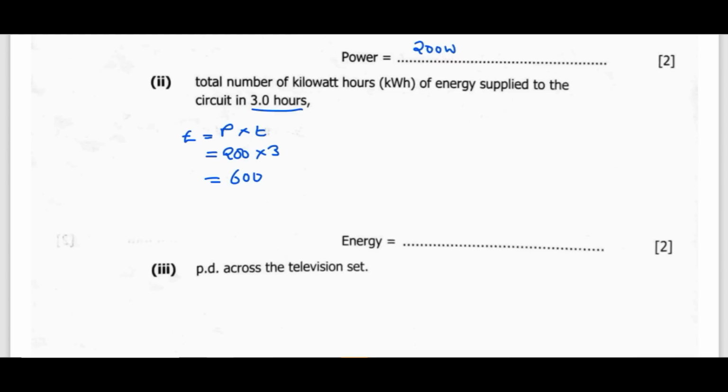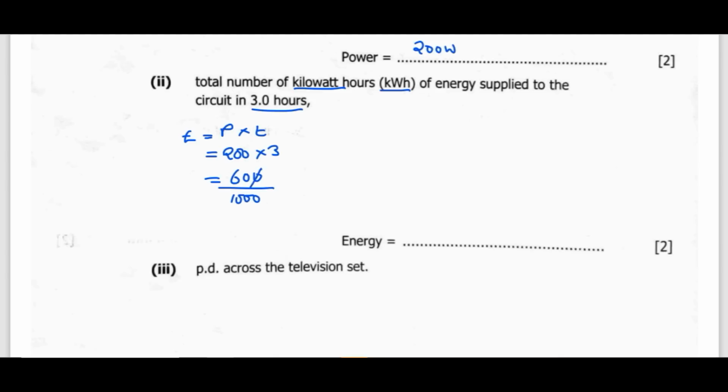So this 600 that we have, now we've been asked to say the total number of kilowatt hours. So meaning that, kilowatts, we're going to divide the answer that we've got by 1000.